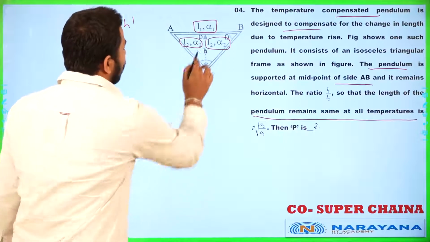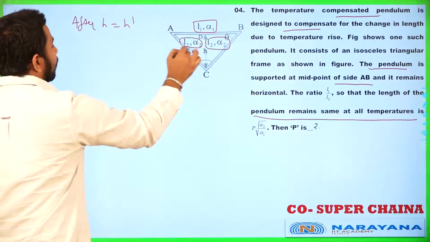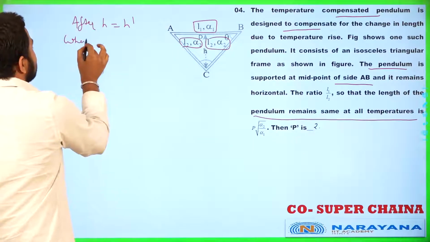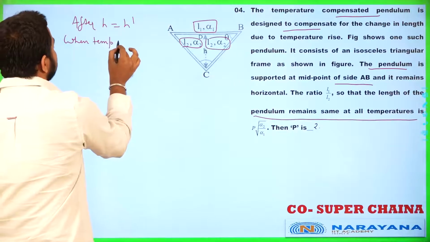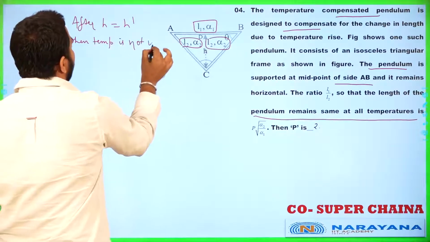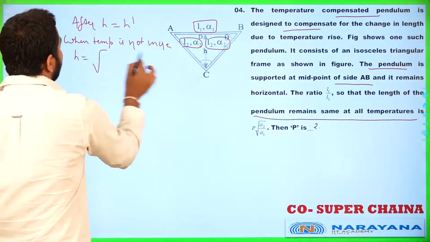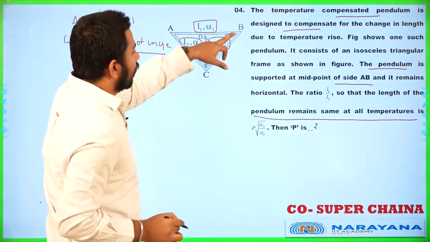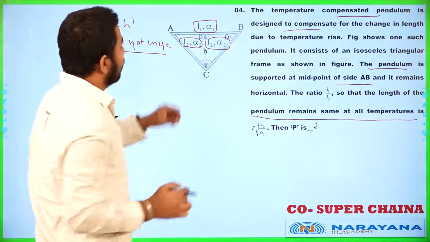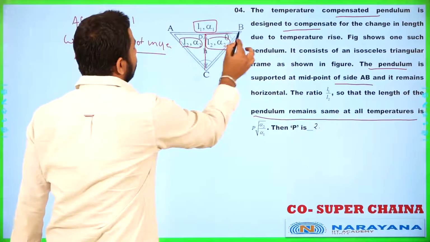So if I try to calculate h, student, when the temperature is not increased, I can write this h will be under root. We can apply the Pythagoras theorem for this triangle.